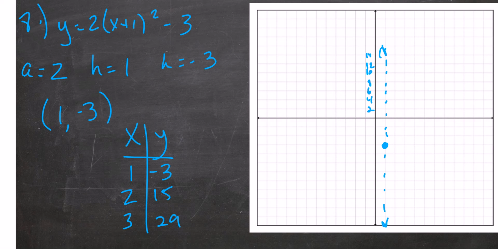Which means I have to change this. And actually I'm going to make it go by 3s. So I'm going to make my y's go by 3s. So I'm going to go over 1, down to -3, put a dot, dotted line.